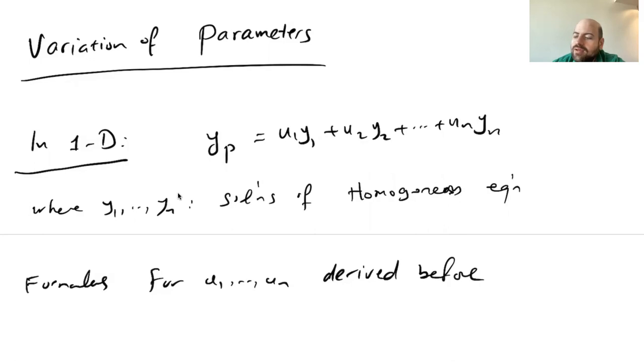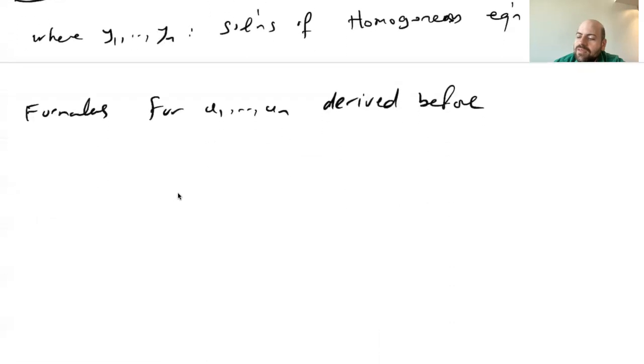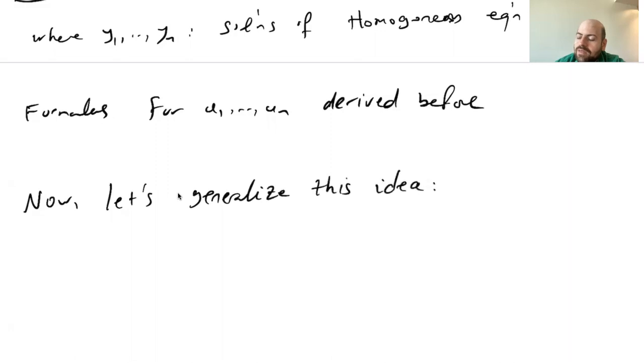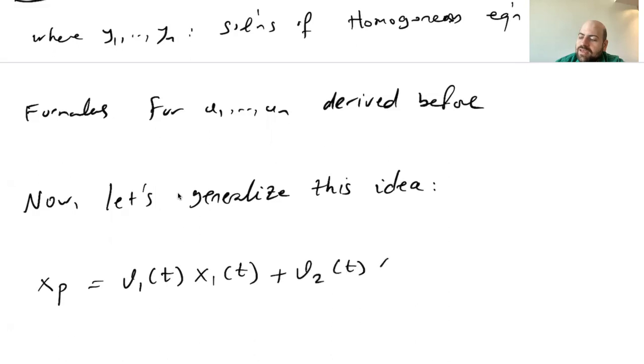Now, following this pattern, we want to write a particular solution xp in a similar form. So let's generalize this idea. We can write xp as some v1 of t, x1 of t, plus v2 of t, x2 of t, all the way to plus vn of t, xn of t.